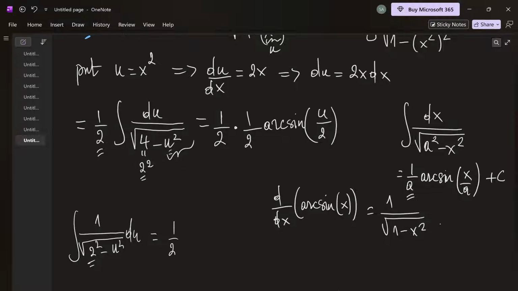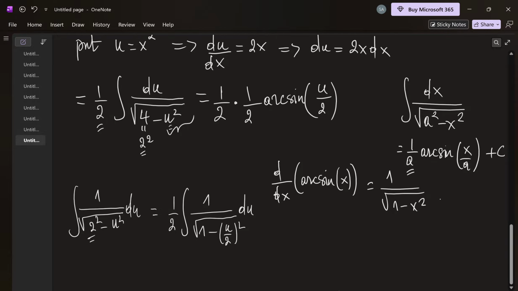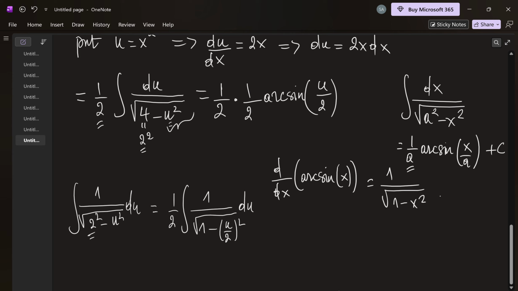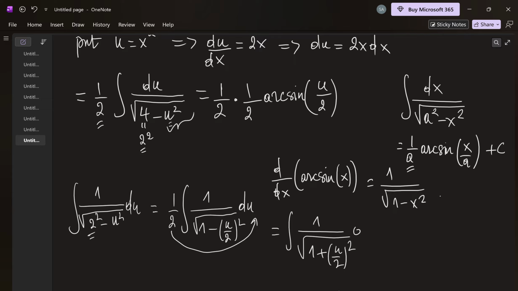It becomes like this: 1 over 2, the integral of 1 over the square root of 1 minus u over 2 all squared du. Here when integrating, we can bring the 2 here, so this will become the integral of 1 over the square root of 1 minus u over 2 all squared d u over 2.